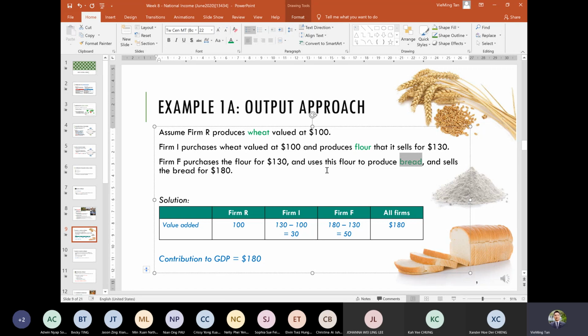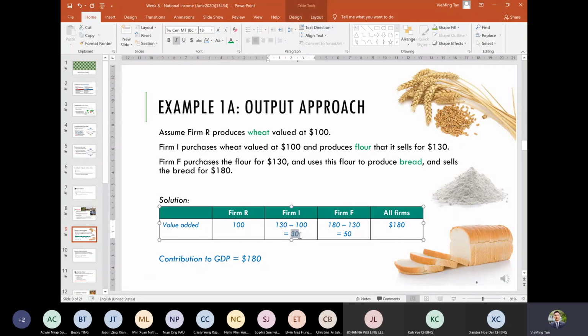Another way to do the calculation is you can use 100 of wheat, plus $30 from firm I, and $50 from firm F for the business activity.